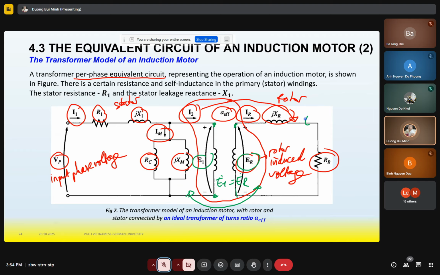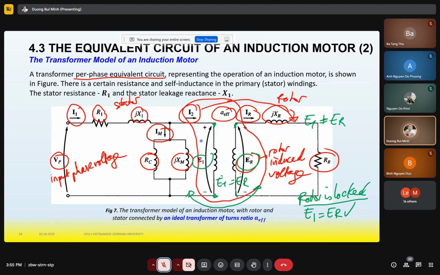But actually, E1 is different from ER. If the rotor is locked, or stationary, E1 equals ER, because it's like a transformer.